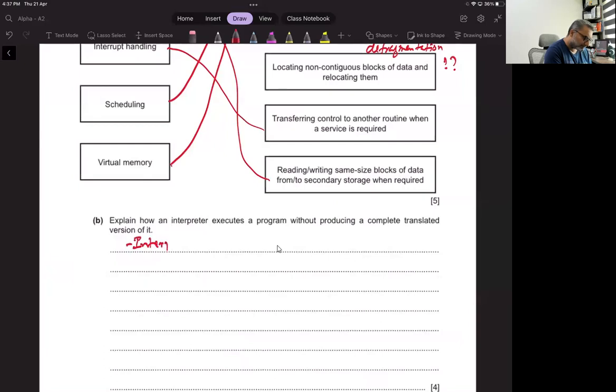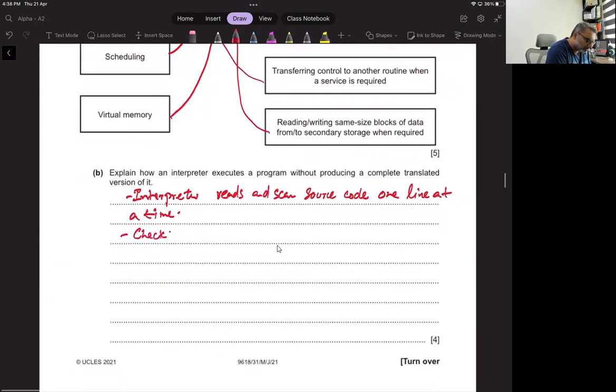The interpreter reads and scans source code one line at a time, checks that line statement for any possible errors.